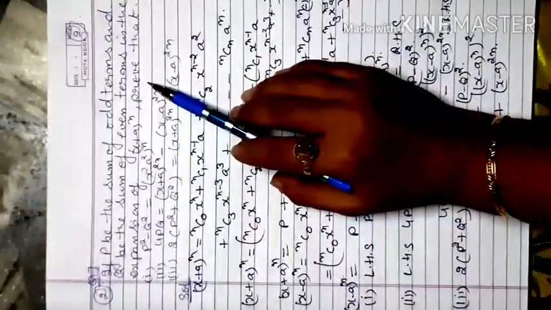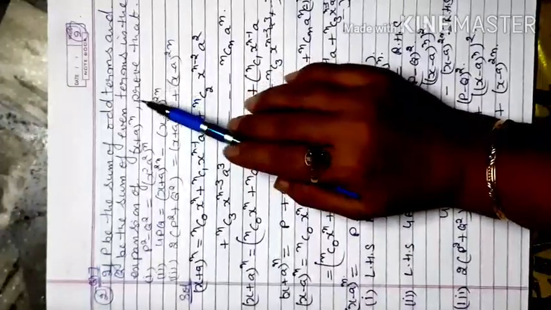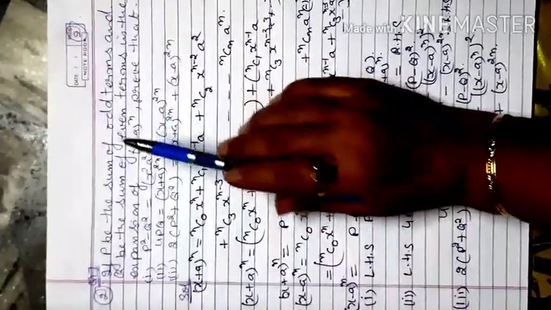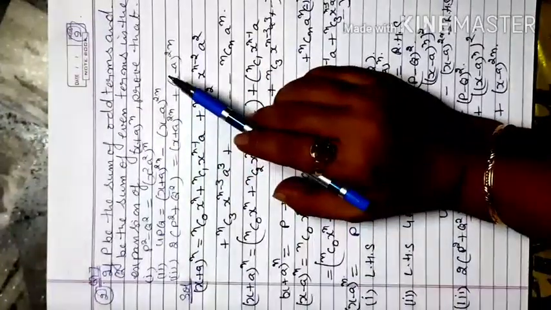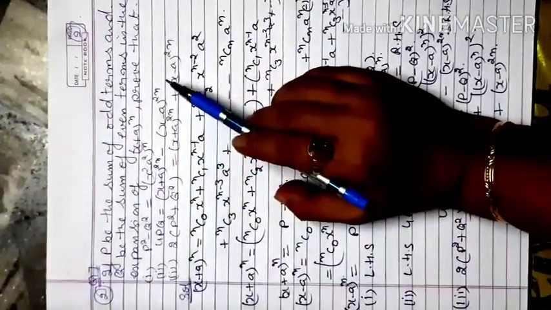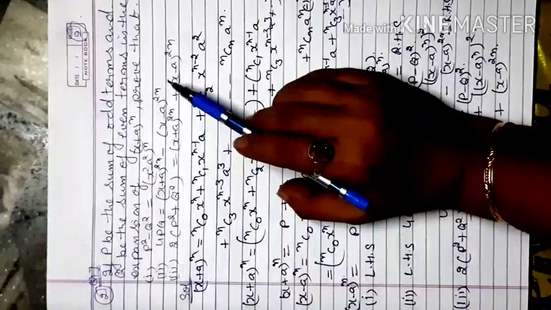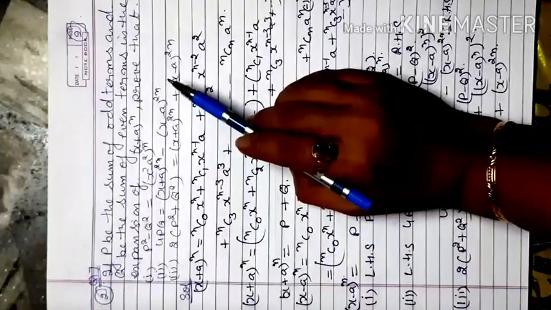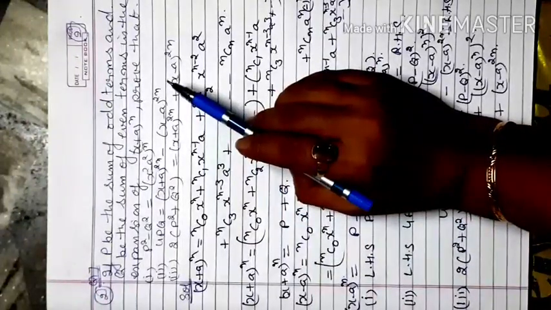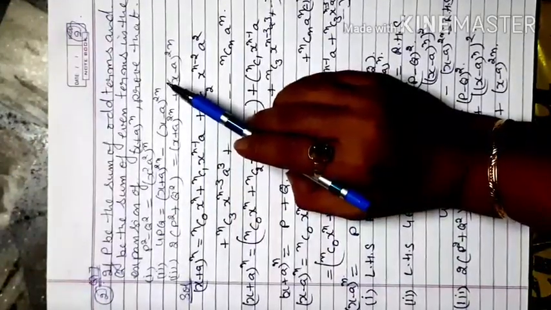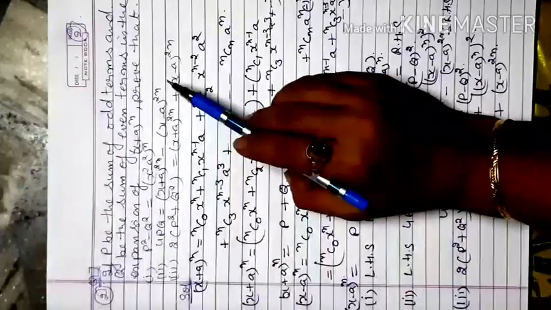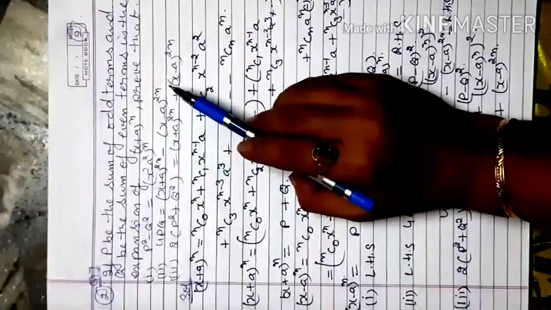If you are going to expand the expression x plus a raised to power n, then the sum of the odd terms means the odd position terms, when the r value is like in term value, term 1, term 3. You can consider that our odd terms are like t1, t3, these are the odd terms.